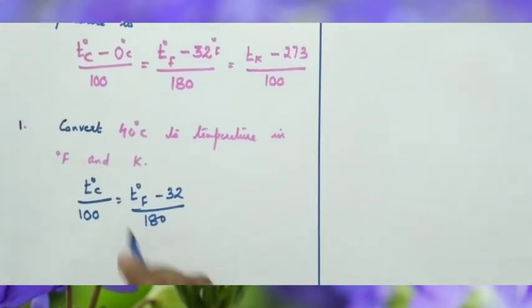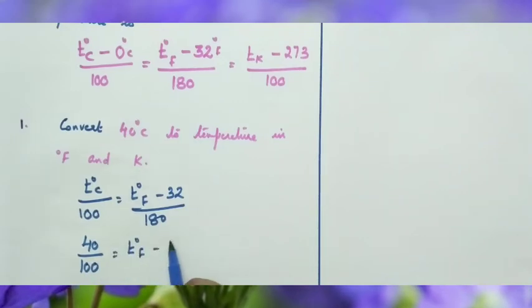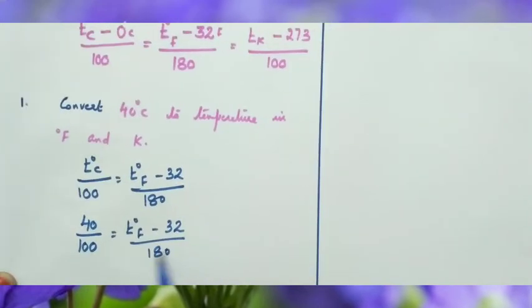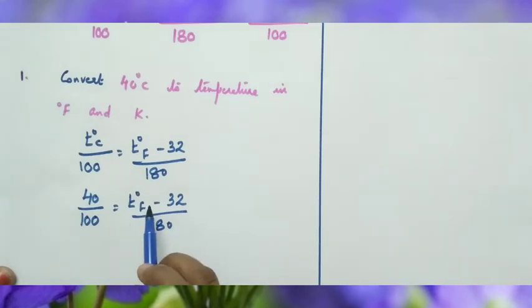What is T degree Celsius given here? 40. 40 by 100 equal to T degree Fahrenheit we have to calculate, minus 32 divided by 180. So we can simplify and find the value of T degree Fahrenheit.